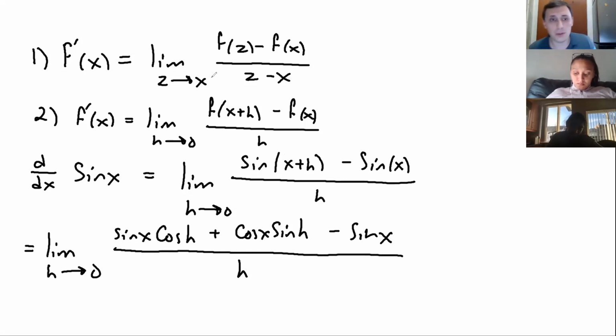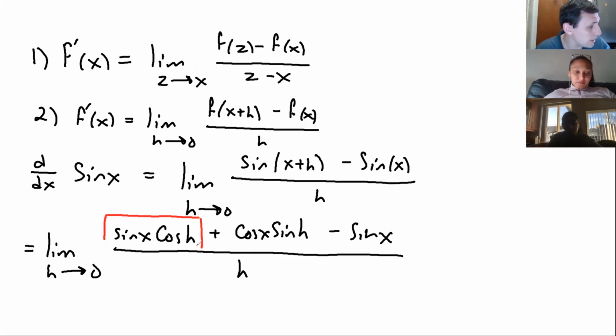If I were to use the first formula, it would be a bit difficult to figure out the next step. But here it's sine of x plus h, and I know a formula for sine of a sum of two angles. Here it is. I expanded sine of x plus h. Now I can group certain items. For instance, this part has a sine x, which would not be affected by the limit because we are taking h to 0.